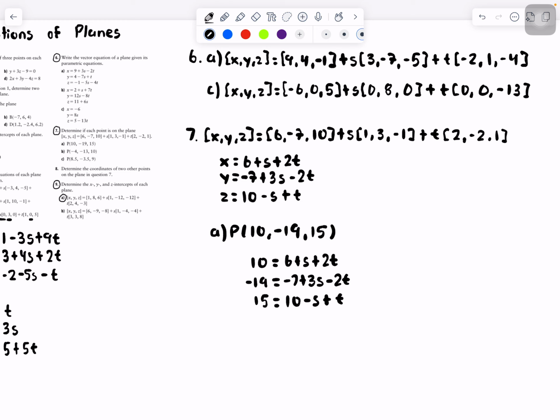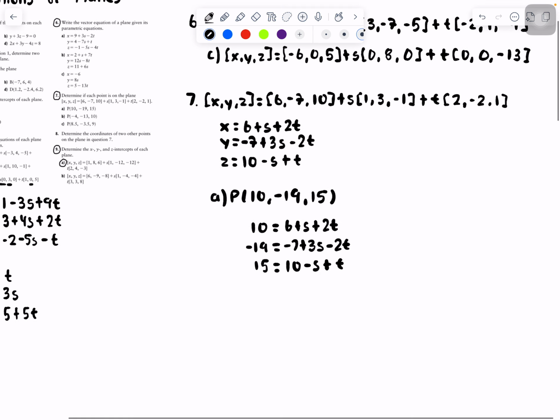Just want to make sure this parametric equation is right. Yep. Minus 7 plus 3s. Perfect.